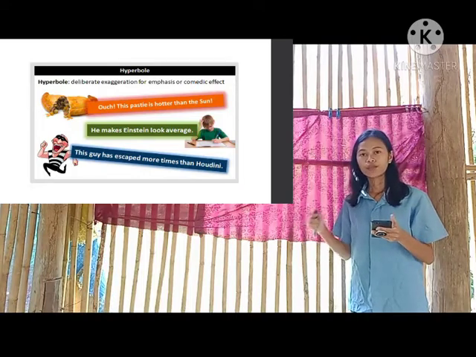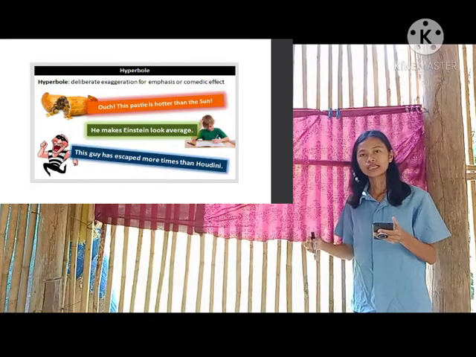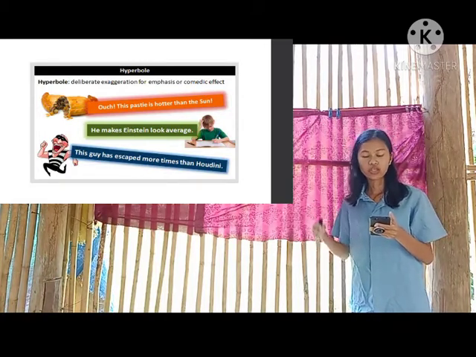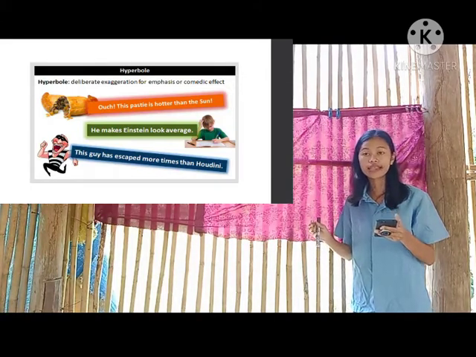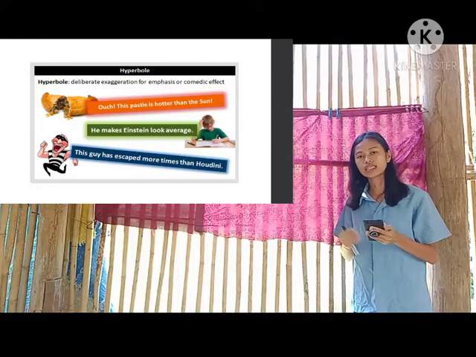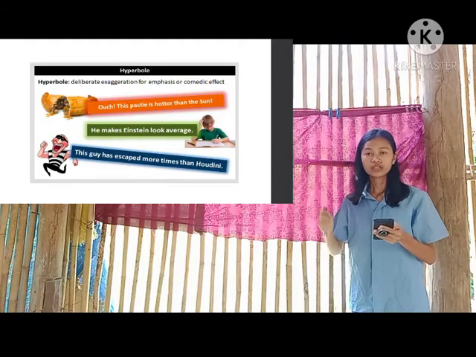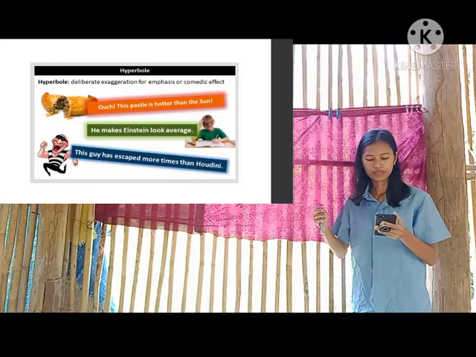So here, the speaker is using words of exaggeration. So our first example is, ouch, the pasty is hotter than the sun. So here the description is too much. The exaggeration here is higher. So that is hyperbole. Okay.